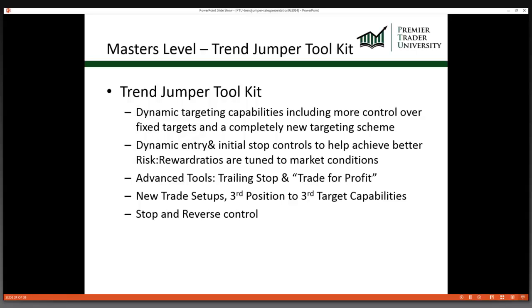Okay, great. Yeah, well, the targeting, we now are going to have a whole other layer or level of targeting that we could test for. Instead of using the typical Trend Jumper scheme, which you hopefully all know if you're with the Trend Jumper, we can now apply an average true range style of targeting with the Trend Jumper setups, and we could test for that. And that's really cool.